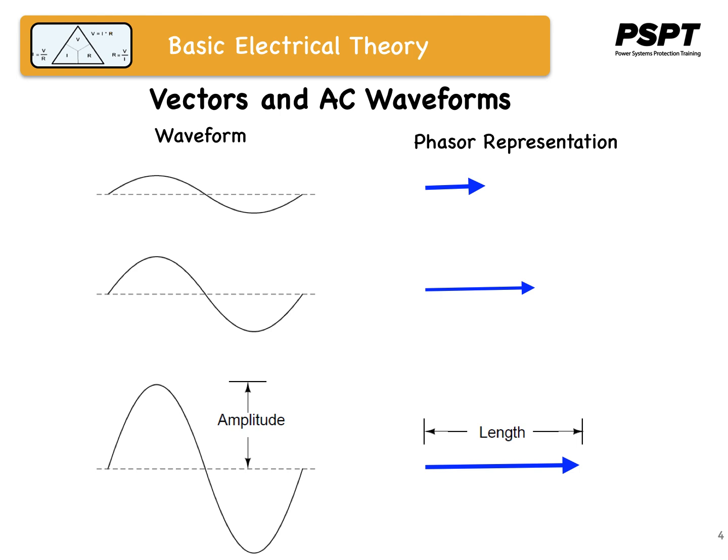So if we start with RMS values, we stick with RMS values for the whole process. If we start with amplitude only, then we stick with amplitude only. The greater the amplitude of the waveform, the greater the length of its corresponding vector.